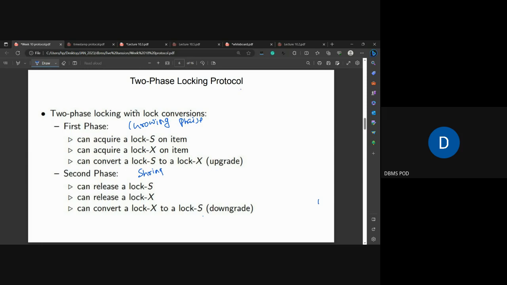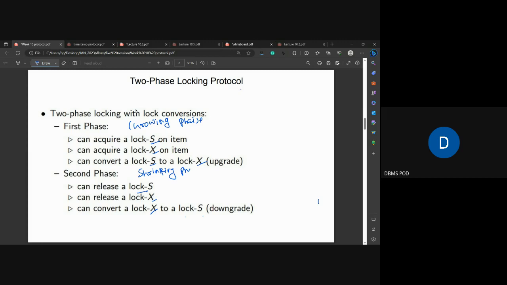In the growing phase, we can acquire a shared lock, we can acquire an exclusive lock, and we can convert a shared lock to an exclusive lock. In the shrinking phase, we can release the shared lock, we can release the exclusive lock, and we can convert an exclusive lock to a shared lock.